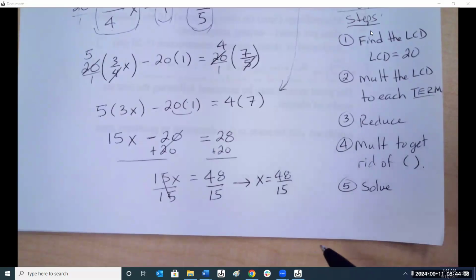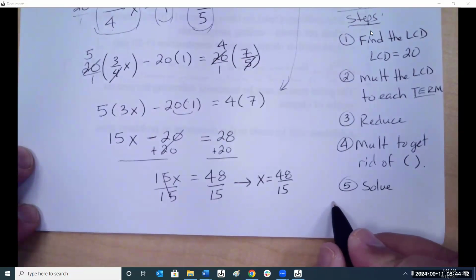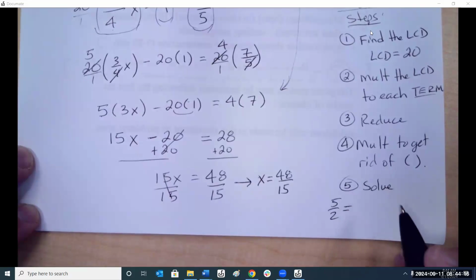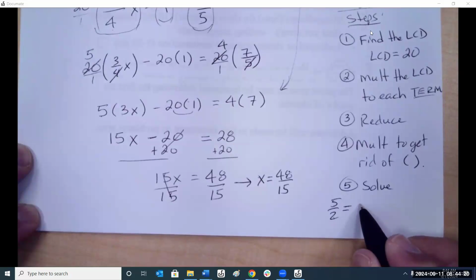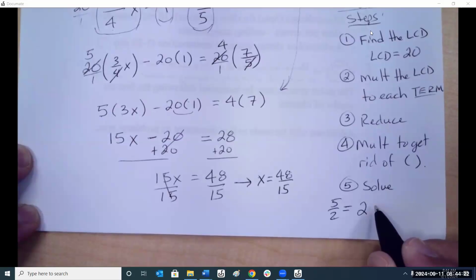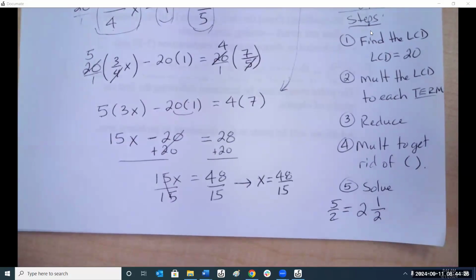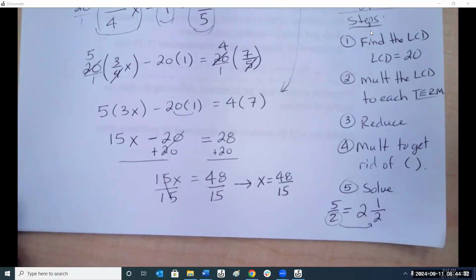This is improper. Take 5 over 2. 2 goes into 5 how many times? With how many left over? They become mixed numbers. So improper fractions become mixed numbers, and the bottom number always stays on the bottom.